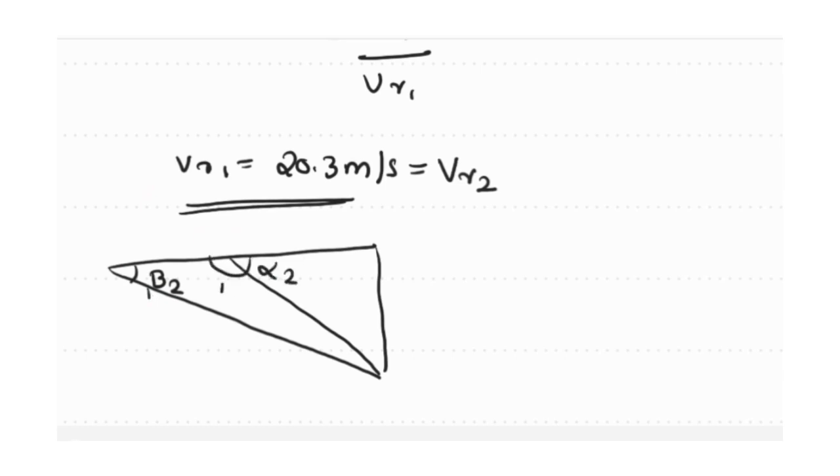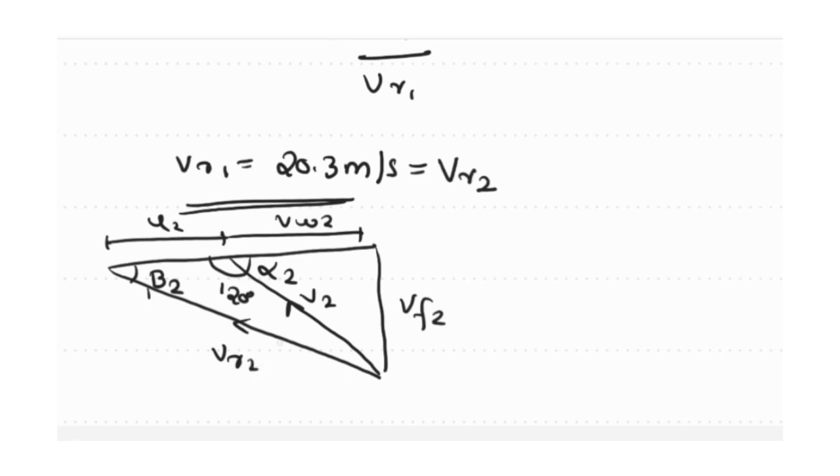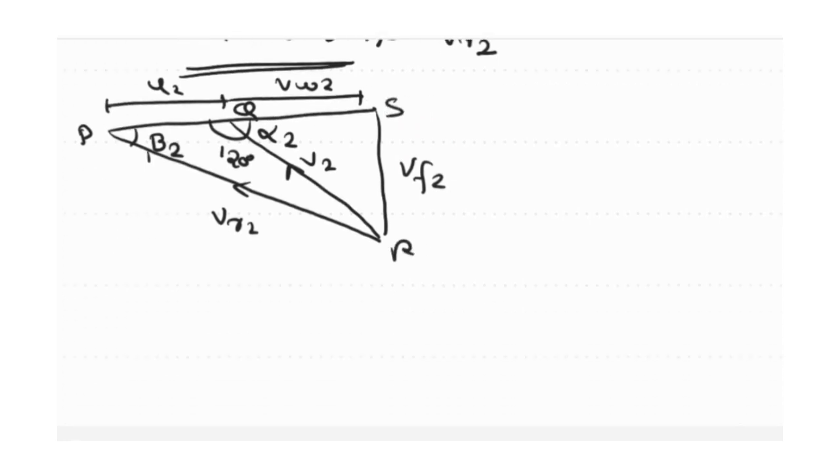In the question this angle is actually given as 120 degree, that is VF2. If I just name it as PQRS, now we should calculate what is the value of beta 2.